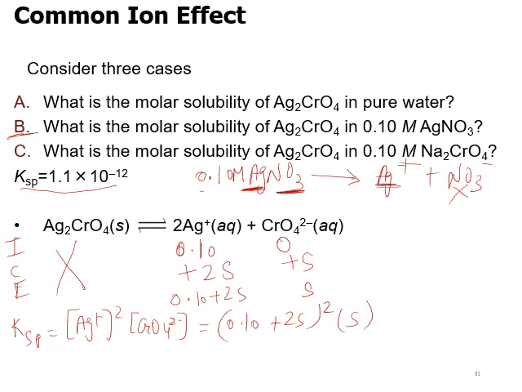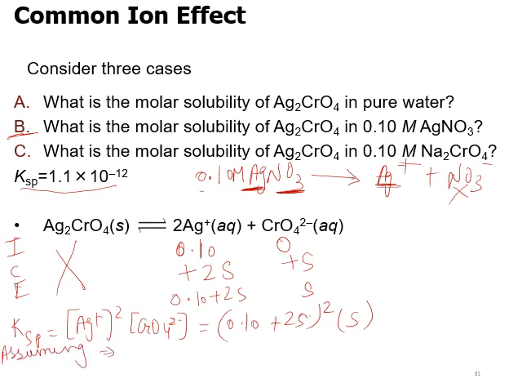Now we have to solve for this. Again, it's a quadratic equation, right? The same rules that we use whenever we are solving a quadratic equation for equilibrium apply right here. How do we usually solve a quadratic equation like this? We want to simplify this, so we are going to make an assumption.